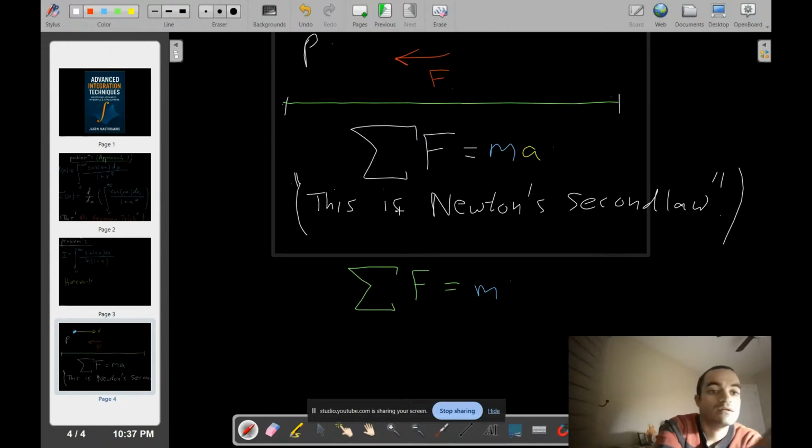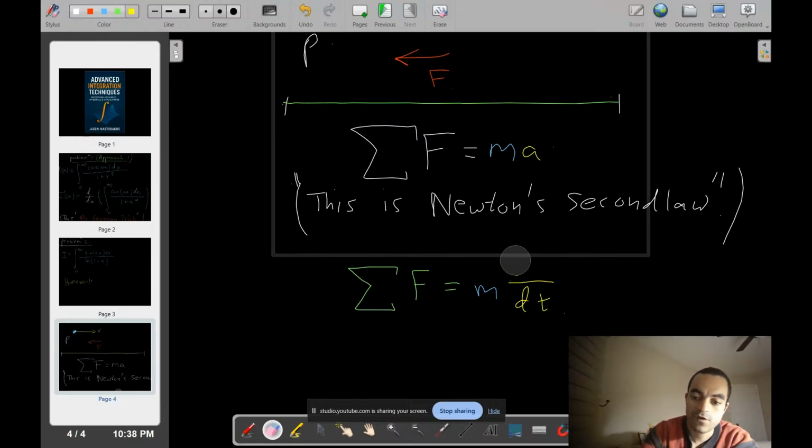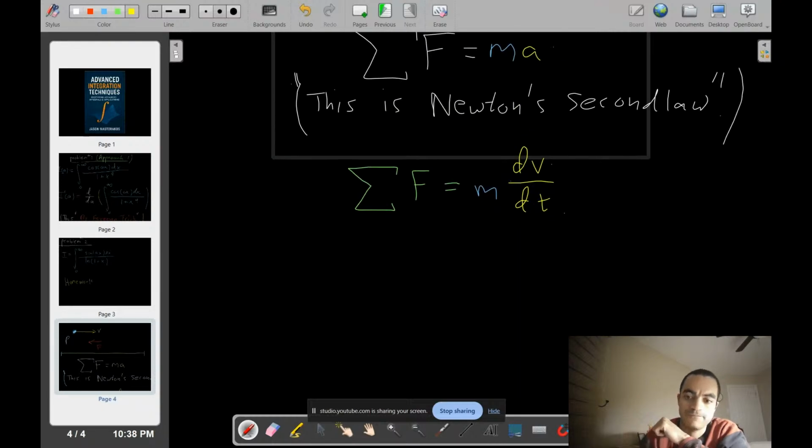So m times dv/dt. So we know our framework has something to do with this relationship. I just put it in a differential form.